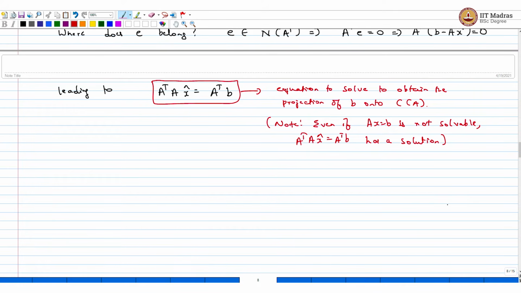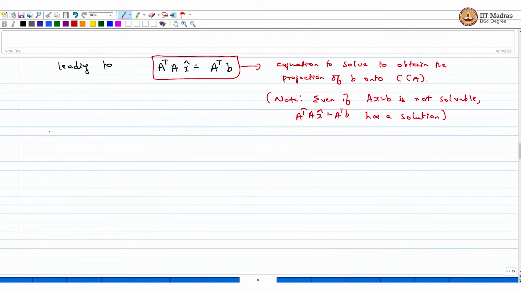Now if this passage about orthogonal complements was not clear, there is a more, say, first principles way of figuring out this equation. An alternative route to the above equation.